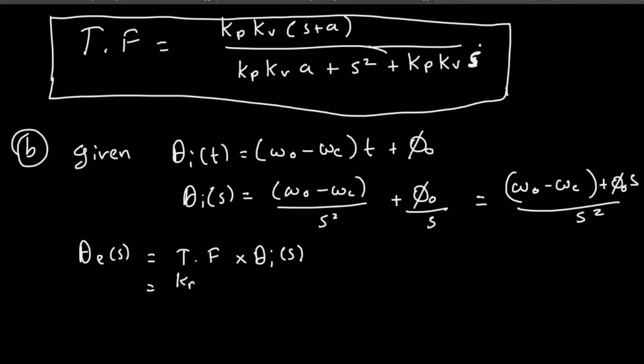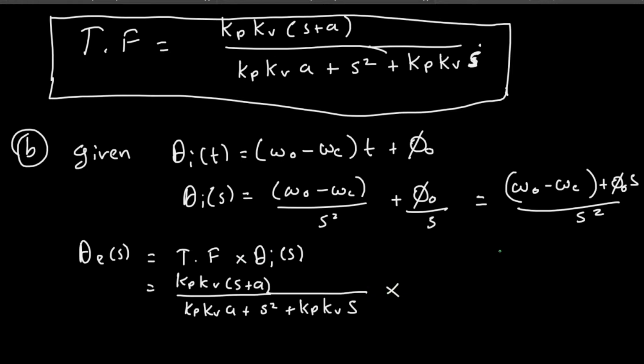That is kp kv times s plus a divided by kp kv times a plus s squared plus kp kv times s. And instead of theta I of s, we can plug in this value, that is omega naught minus omega c plus phi naught times s divided by s squared.